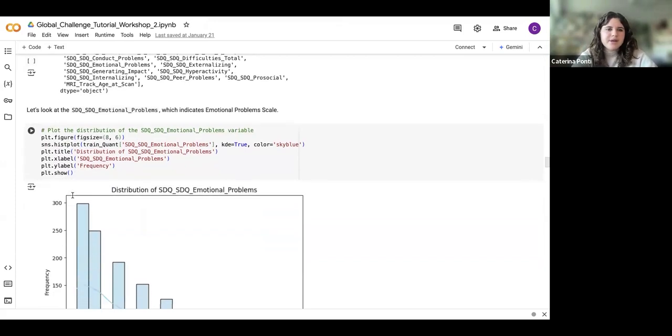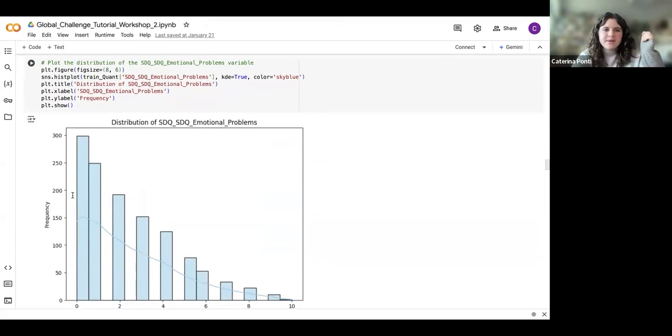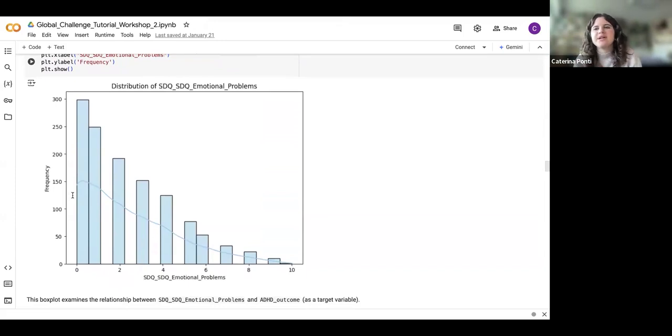Basically, I plotted the distribution of the emotional problem scale, and the goal here is to explore whether there are differences in emotional problem scale scores between individuals with and without an ADHD diagnosis.